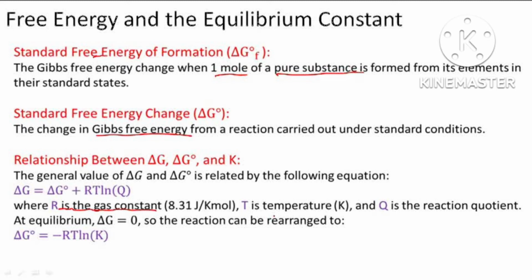Okay, delta S and delta G are related. Delta G, delta H, and delta S are all related. This delta G also depends upon delta S. If the change in the entropy of the reaction is taken into account, the value of K, or the extent of the chemical reaction, will also be affected.